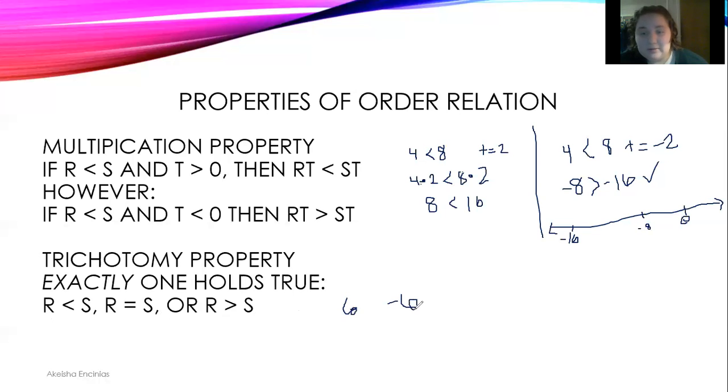Now, it looks like the same number, but from the number line, negative 6 is going to be to the left of 6. So they can't be equal. Positive 6 is definitely not less than negative 6. So 6 has to be greater than negative 6.